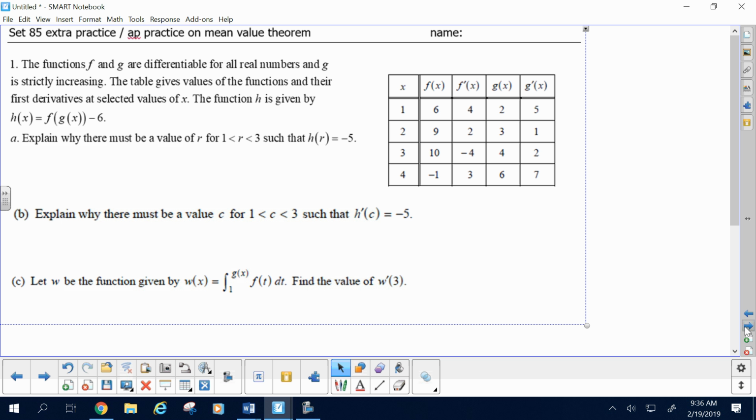So let's see. No, like literally. The first part was finding. See, the problem is like this.